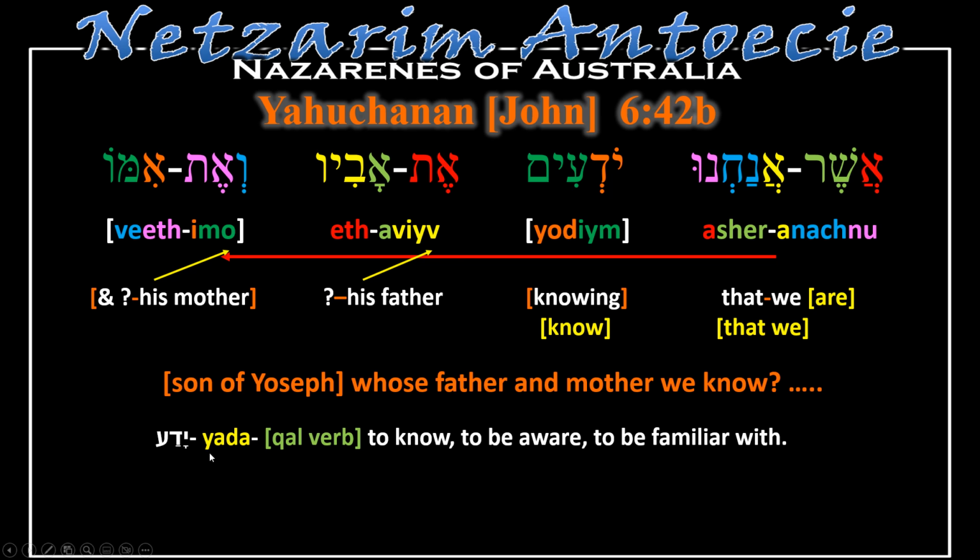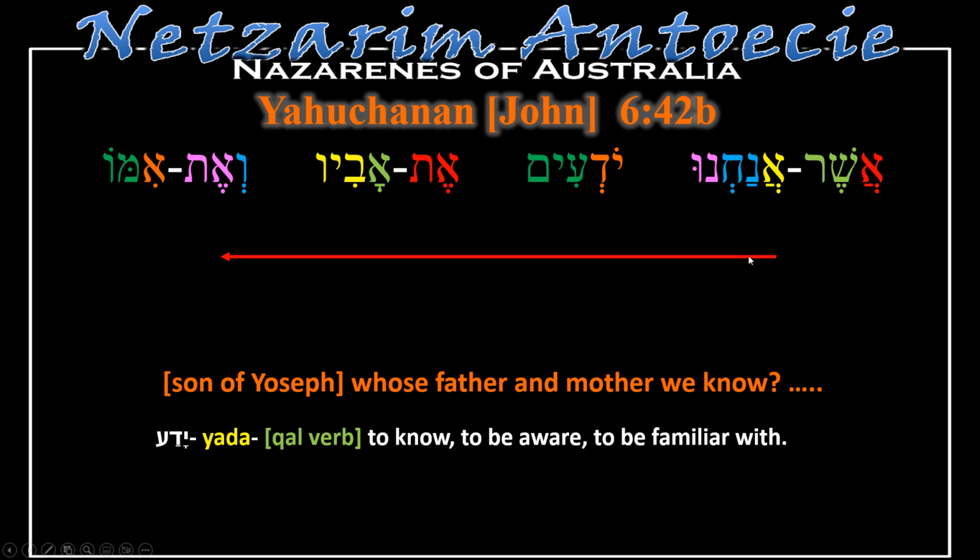And I've given you down there yada, which is a qal verb, to know, to be aware, to be familiar with. We get that from the root of this one, yada. That's normally the root. It's a qal verb. That's your most basic root. So, son of Joseph, whose father and mother we know.